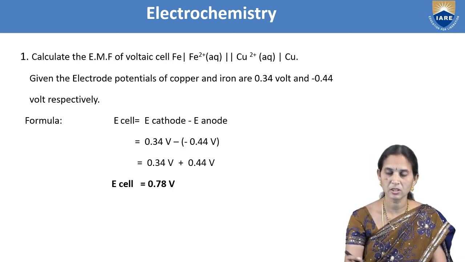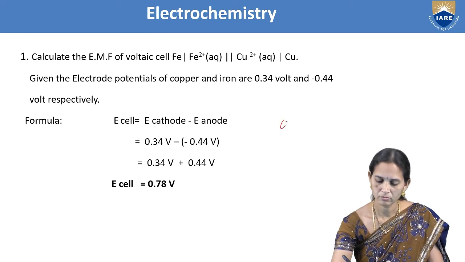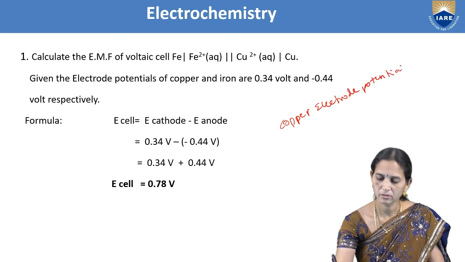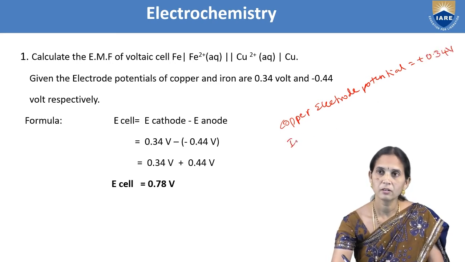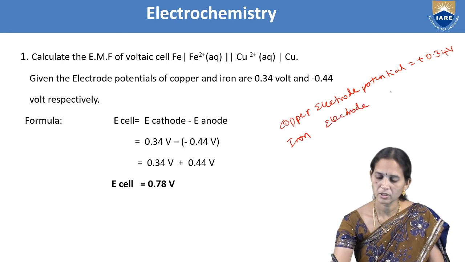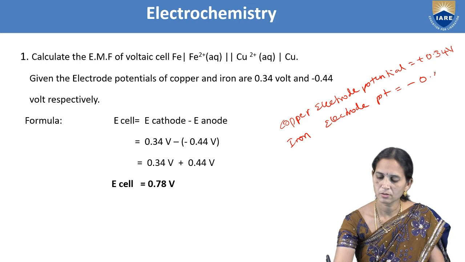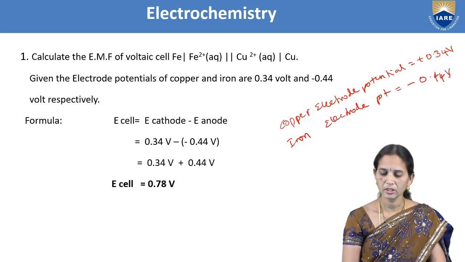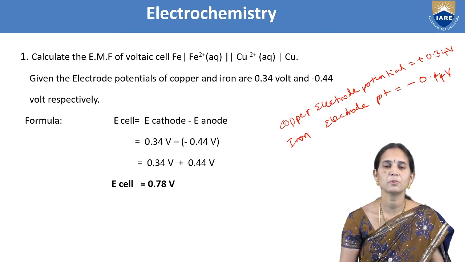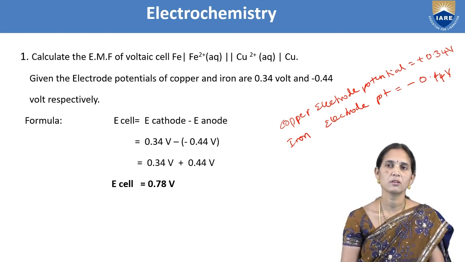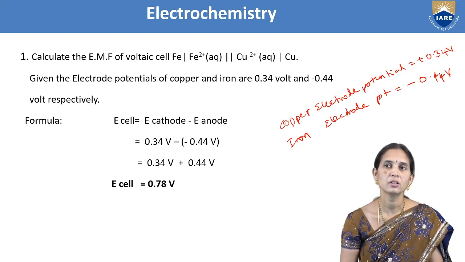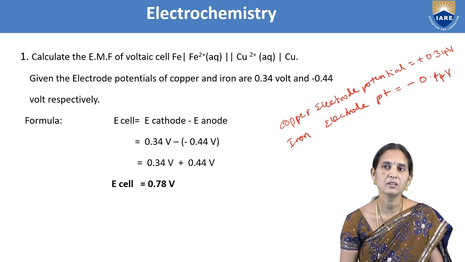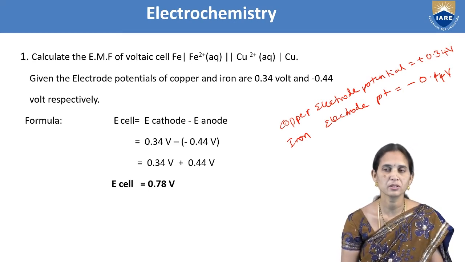How do we know these electrode potentials? We connect these electrodes individually to the standard hydrogen electrode, and we know the standard copper electrode potential is plus 0.34 volt and the iron electrode potential is minus 0.44 volt.